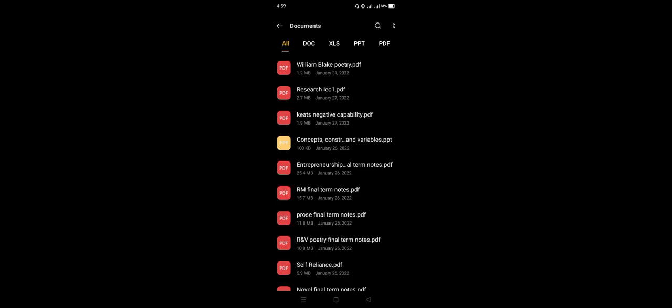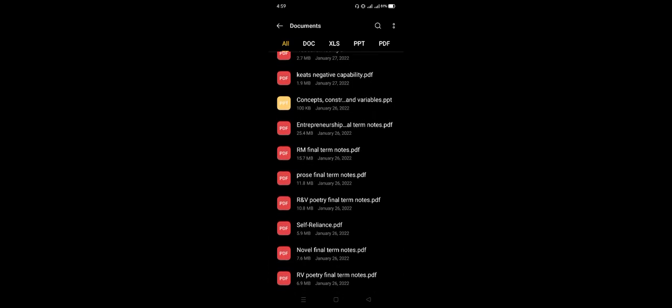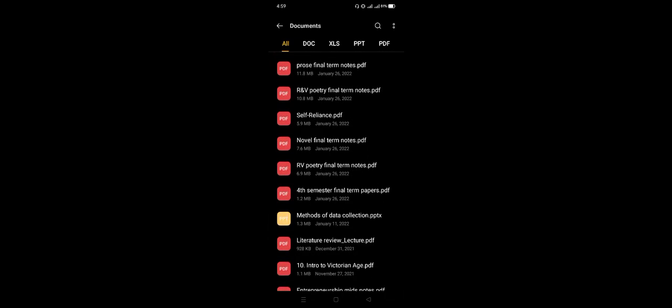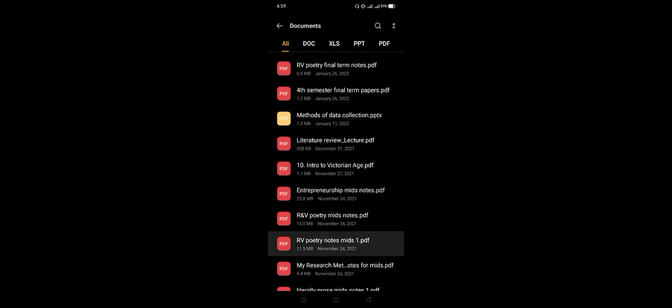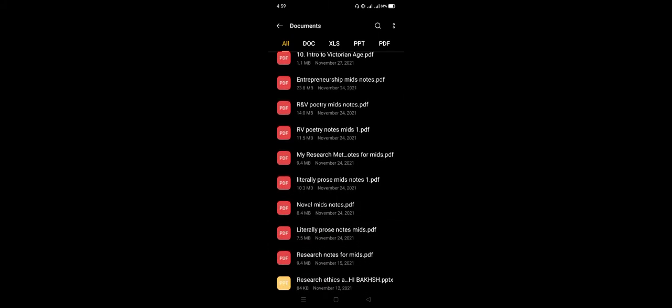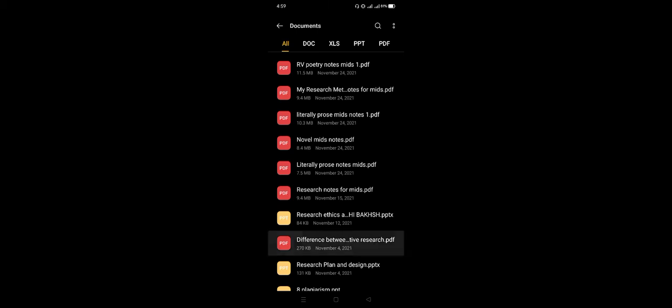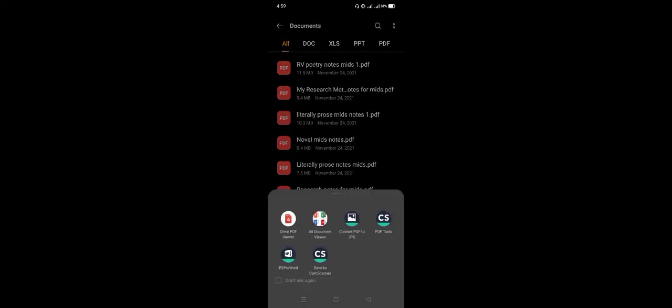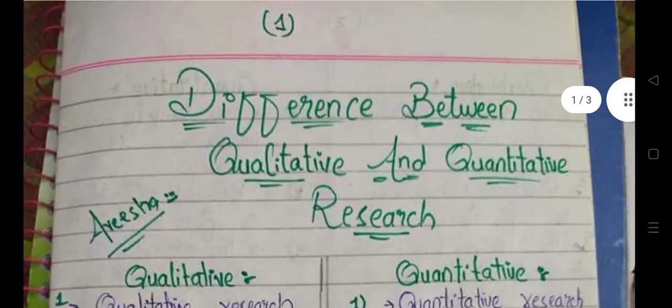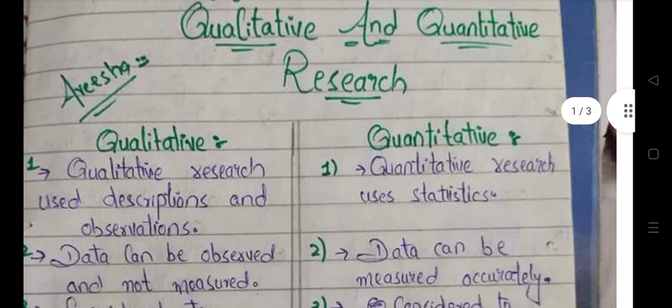So differences between qualitative and quantitative. Let's discuss it in a very detailed manner. Difference between, yes, here it is. So further differences between qualitative and quantitative research.